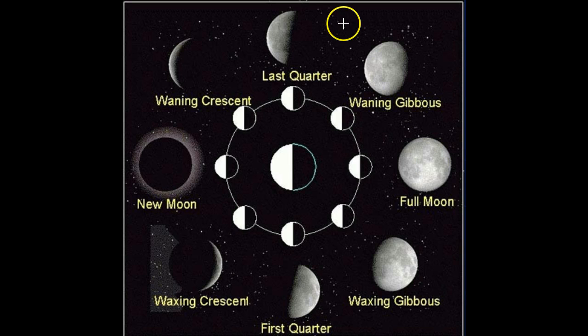And here's our last quarter. This is the last quarter turn before we get back to the new moon, so write that down. Timing-wise, the last quarter moon comes about 3 weeks after the full moon. Write that down.